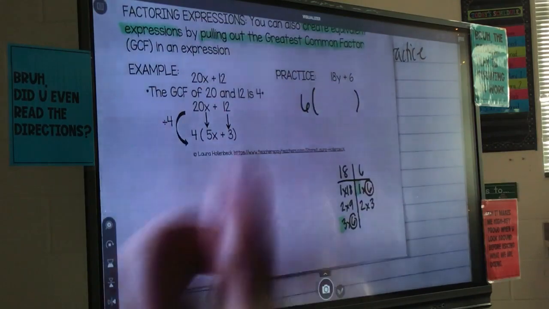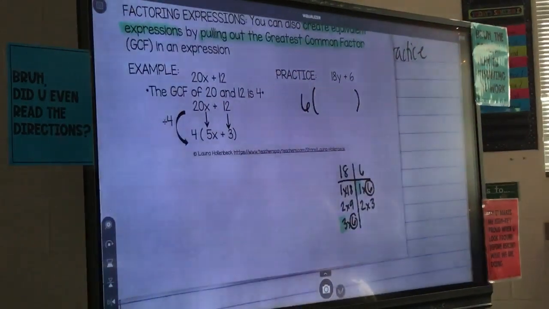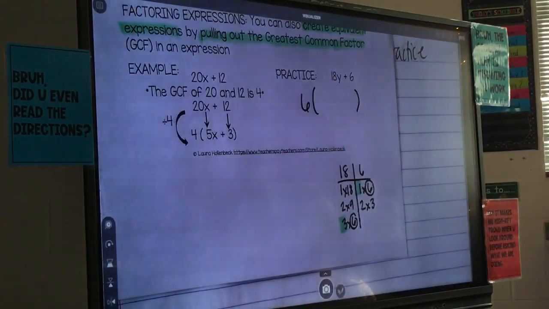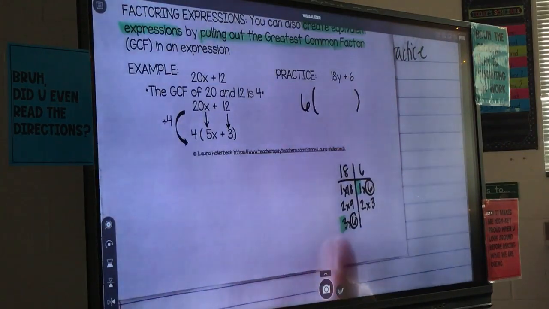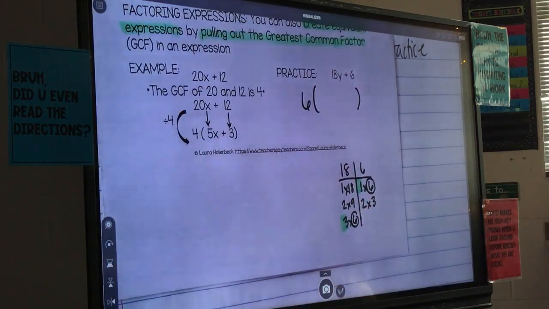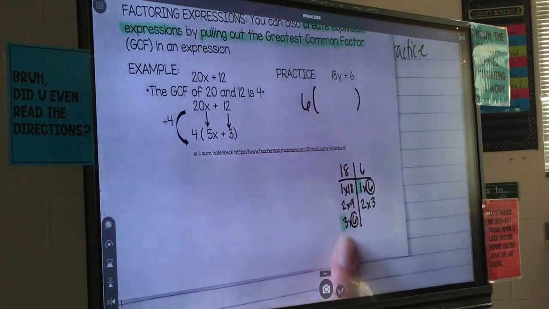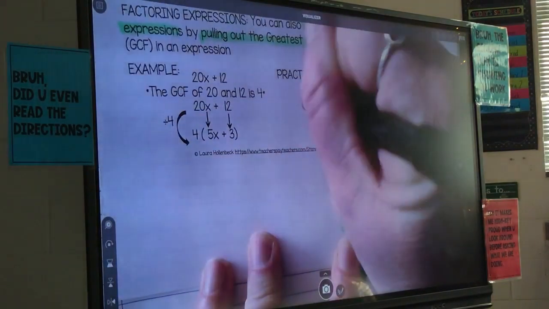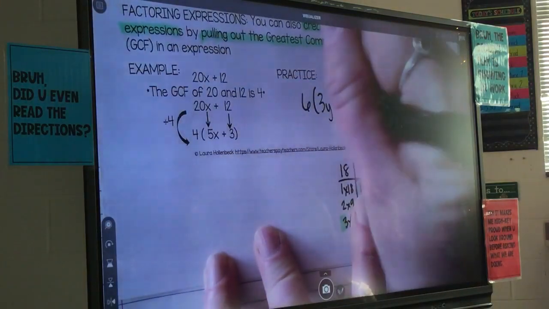Now, 6 is on the outside, and this is the trick that I feel is super easy when you're doing bigger numbers. Obviously, these are very simple numbers. The numbers are not always going to be this nice. The numbers that you highlighted are the 2 numbers that go inside of your parentheses. So when I'm finding 18, it automatically gives me the number that goes inside. I don't have to think about anything. And then over here, it gives me that number.